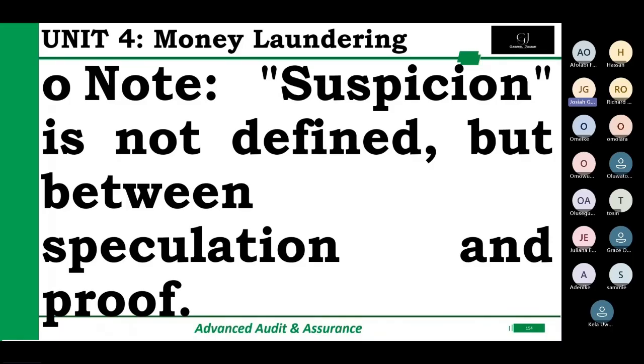Because in auditing or in investigation or in crime reporting, they say if you see something, you say something. So suspicion may not really be defined, and suspicion is not a basis to convict a money launderer. You have to have evidence. So investigations will be carried out to ensure that that suspicion comes up with actual proofs.